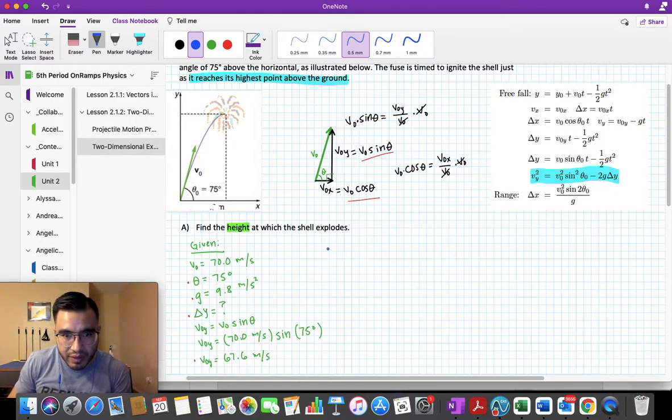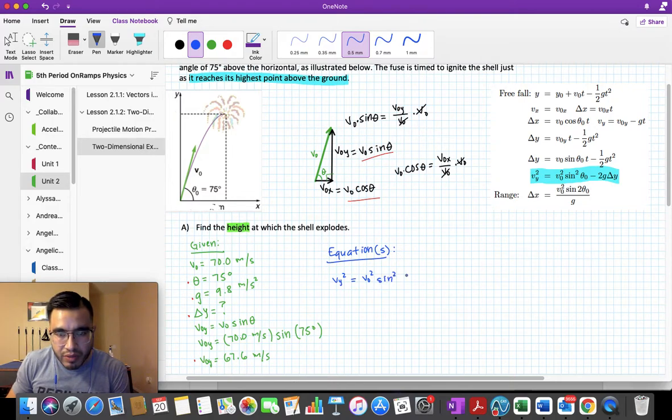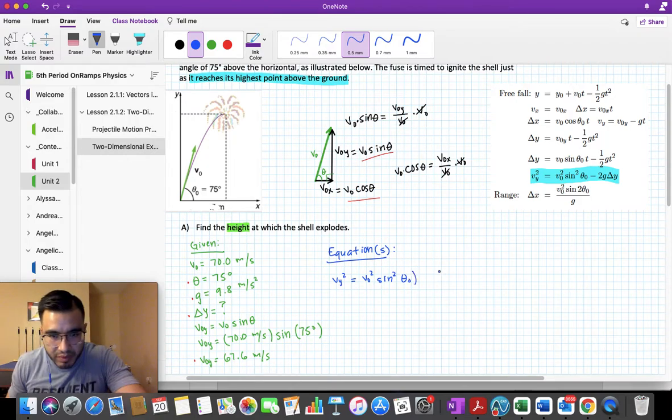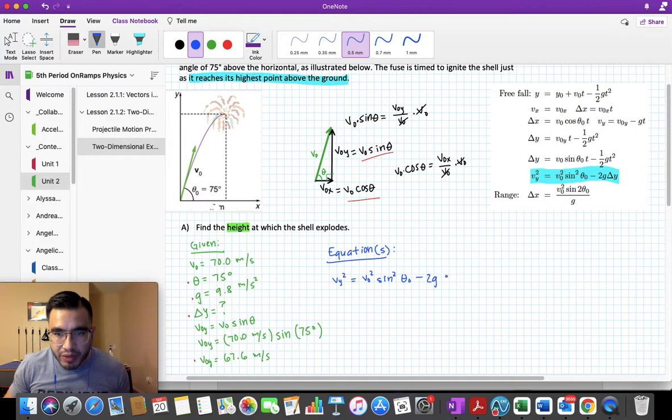So I'm going to write it down. Let's write the equations, in plural, right? We have v final squared equals v naught squared times sine squared theta naught, minus twice acceleration due to gravity, delta y.